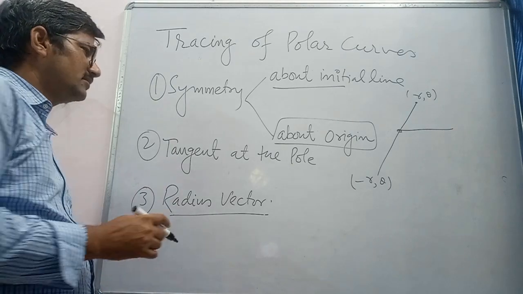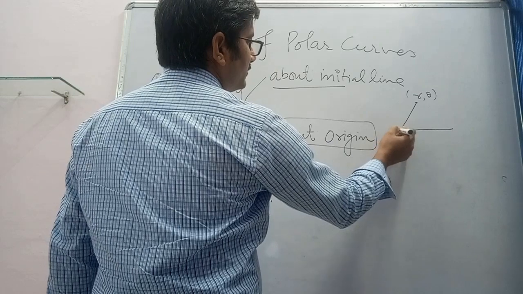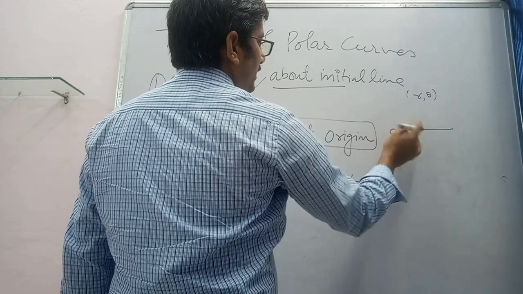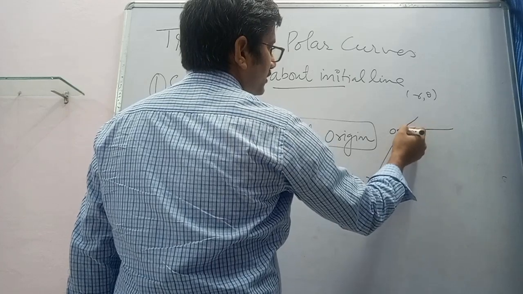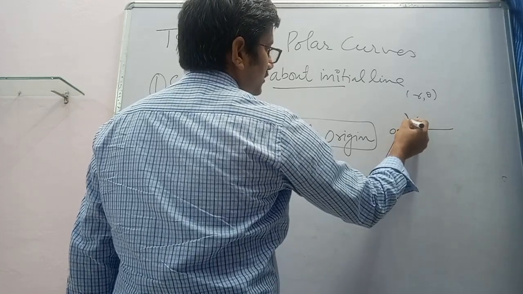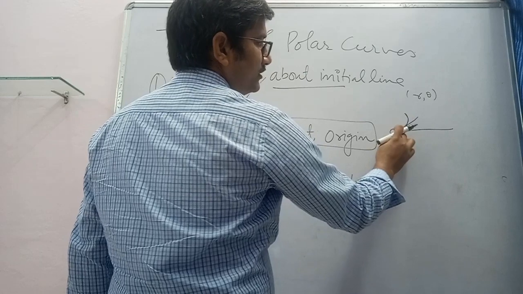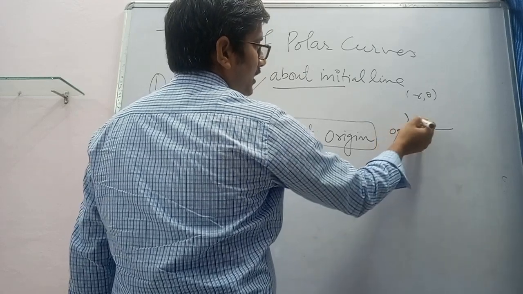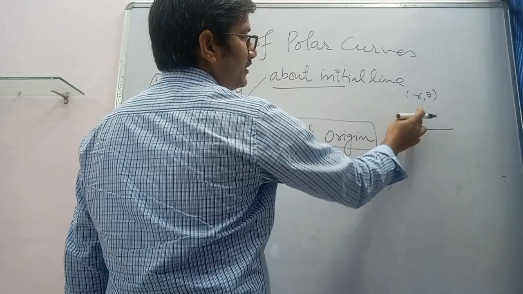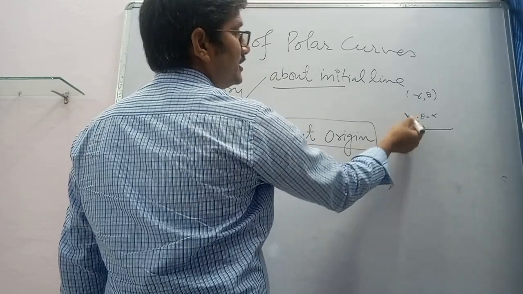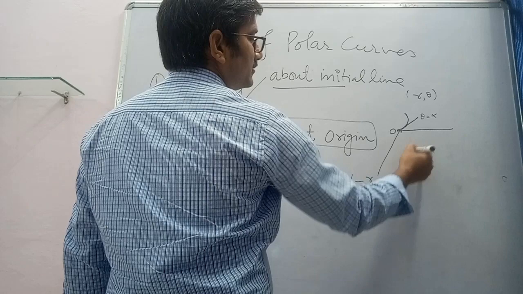Tangents at the pole. Tangent at the pole means if this point is the pole and this line is the tangent at the pole, the curve will touch at the pole. Suppose this tangent is theta equal to alpha. So at theta equal to alpha, the curve will originate from here, meaning r will be 0.